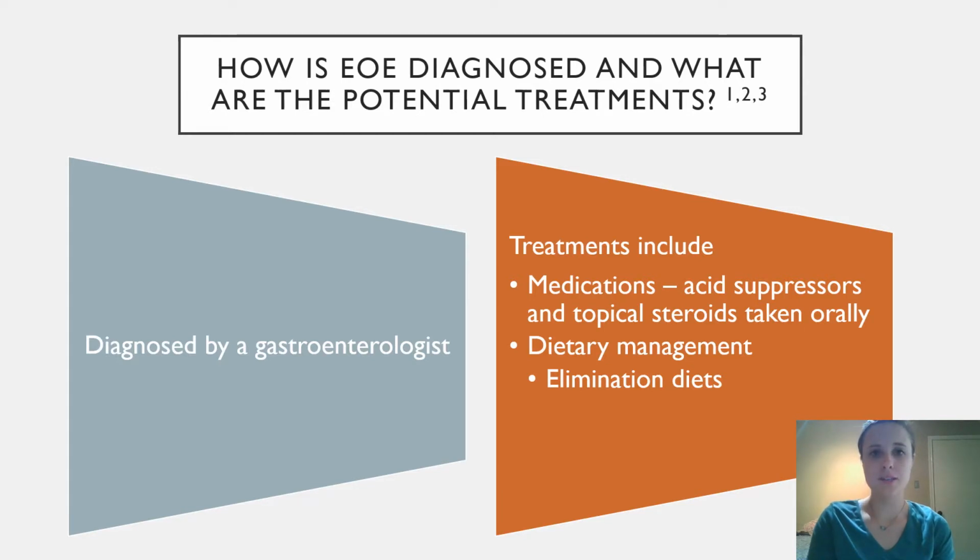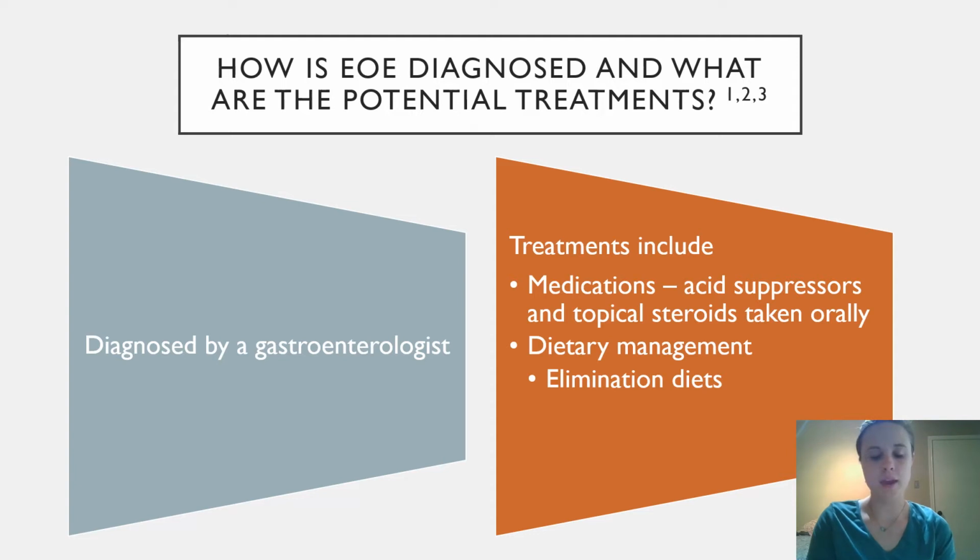So EOE is actually going to be diagnosed by a gastroenterologist, and they are going to perform an upper endoscopy where they take a sample of the esophagus and they see how many eosinophils are within that sample. And so some treatments for EOE include certain medications such as acid suppressors or topical steroids, but really I'm going to be focusing on the dietary management aspect.